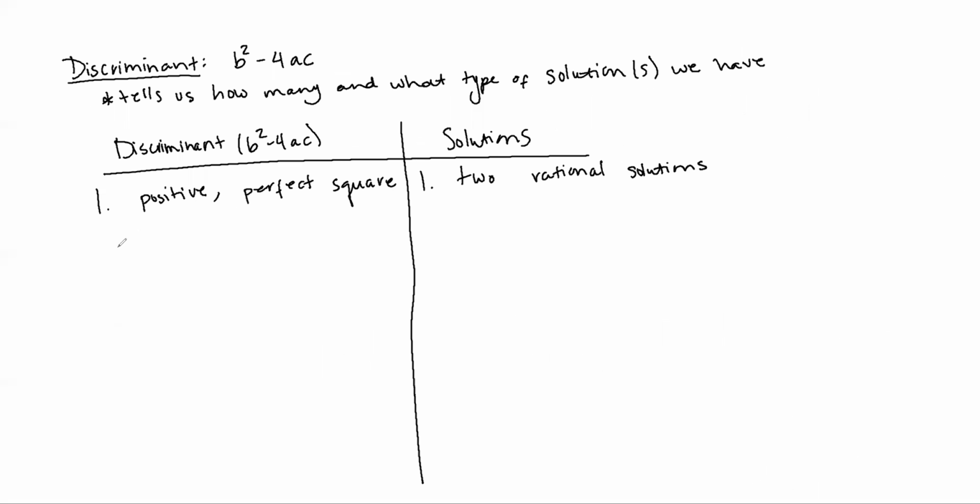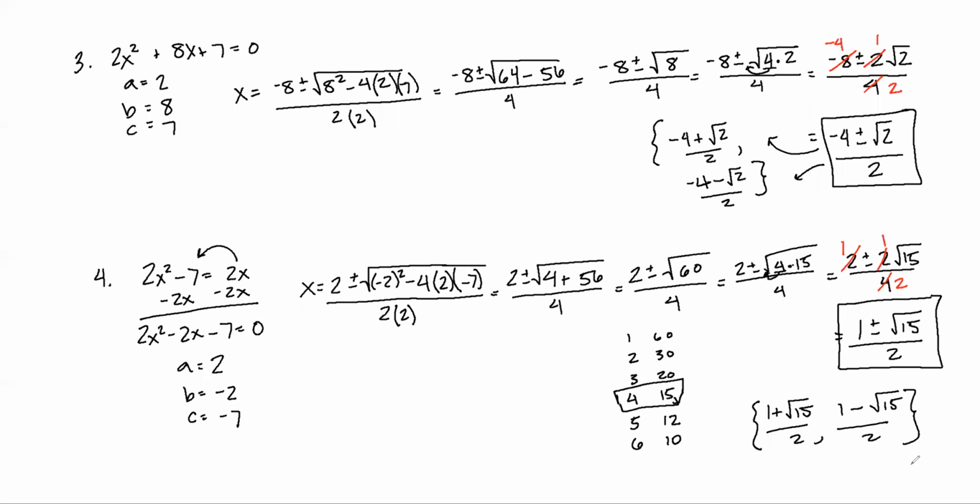So the next case is if we have a positive non-perfect square. Let's see one of our examples here. Like in number 3, we had 8 under the radical, which is positive, but it is not a perfect square.